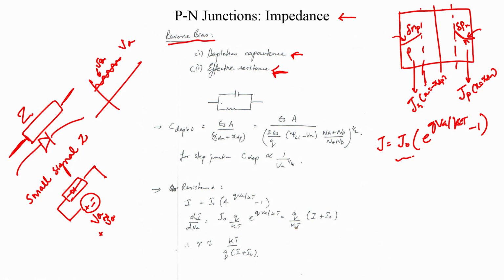Around the small signal behavior you can linearize this device, and therefore the small signal impedance that we are looking for is basically the response of the device to this small signal, which is how the current through the device varies in correspondence with the applied small signal voltage. So this is the small signal impedance which we are interested in.